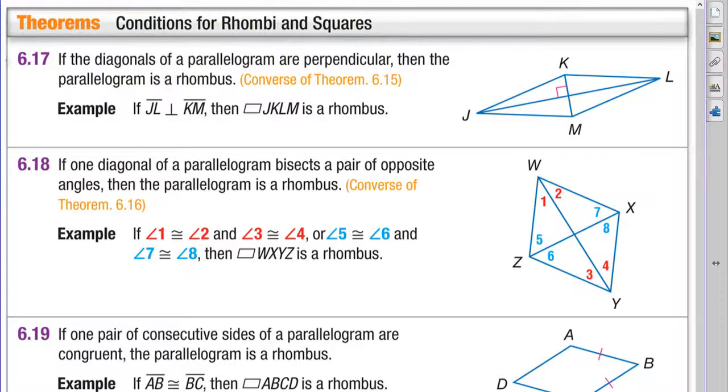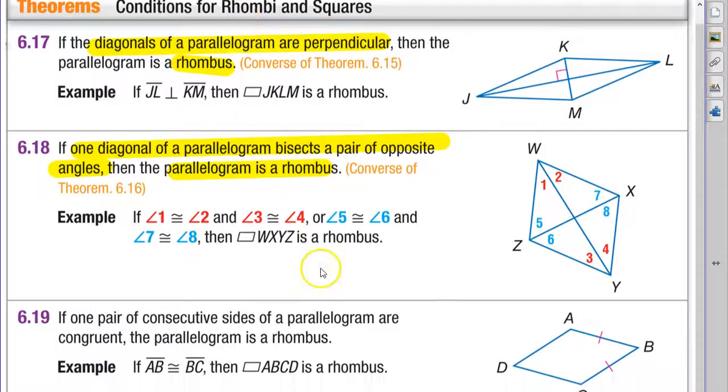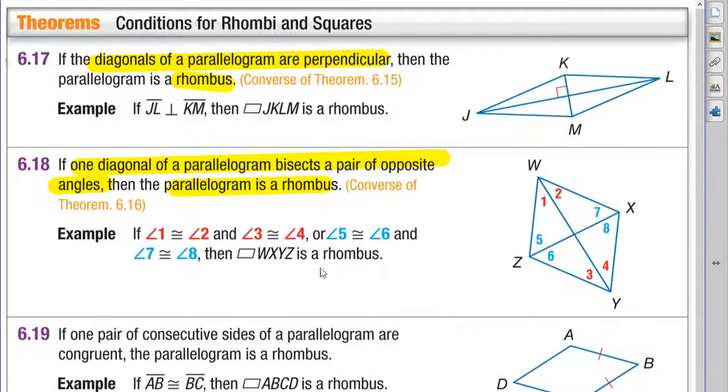So if you have perpendicular diagonals, rhombus. Okay. If one diagonal bisects a pair of opposite angles, then we have a rhombus. And the key to this is that we know we have a parallelogram to begin with. If we didn't have a parallelogram to begin with, we couldn't do this.